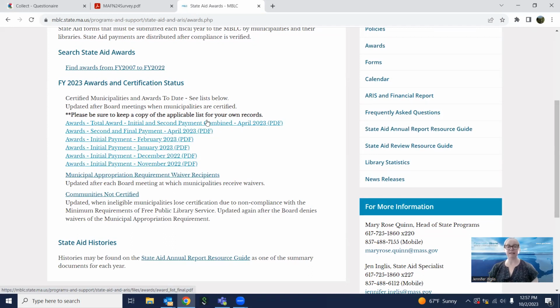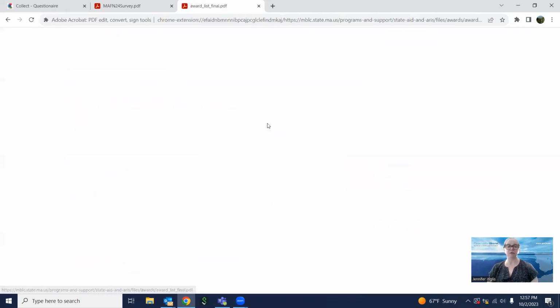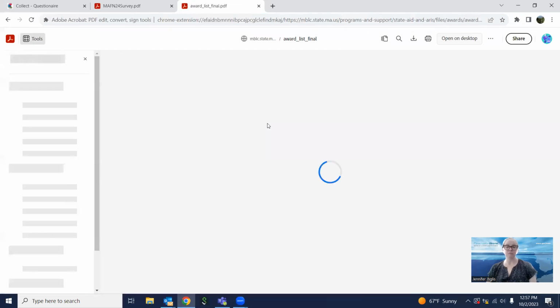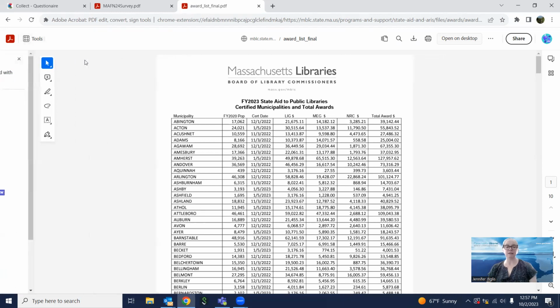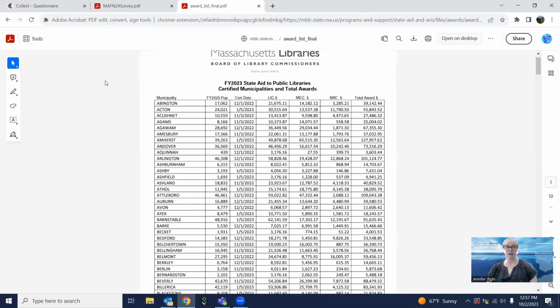So it's the initial and second payment combined, April 2023. And then you'll just take a look at this. Find your municipality. So right now we're working on Abington's. It will show you your population, the day the library was certified.